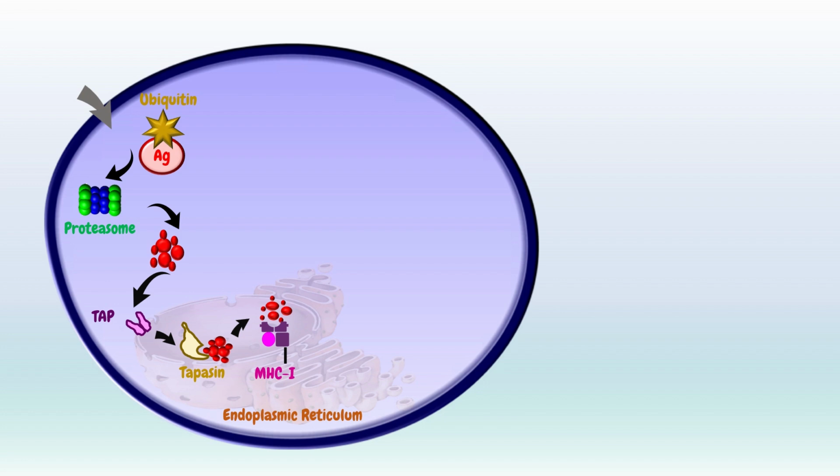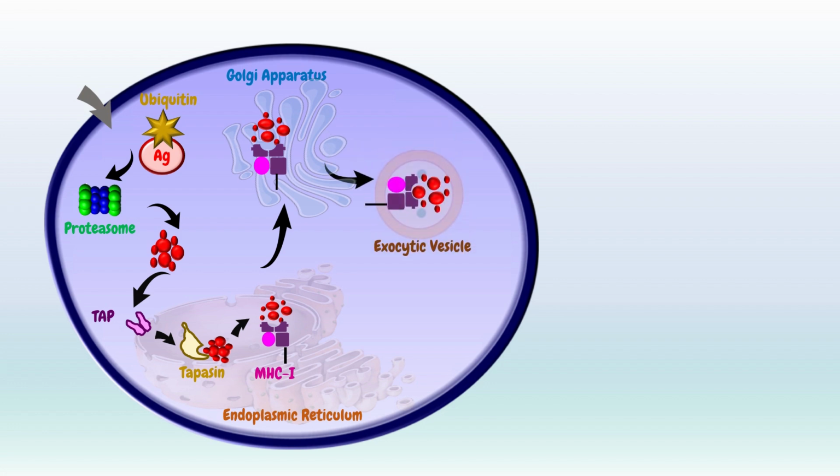Endoplasmic reticulum is a network of membranous tubules within the cytoplasm of a eukaryotic cell, continuous with the nuclear membrane. It is a network of membranes inside a cell through which proteins and other molecules move. Then this peptide and MHC-I complex moves to the Golgi apparatus, then into exocytic vesicles, and then to the cell surface.